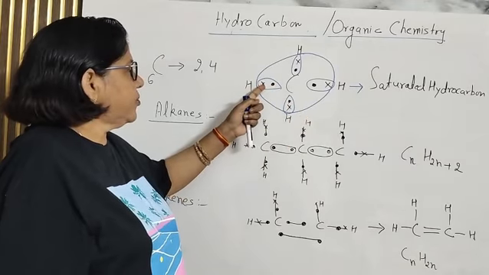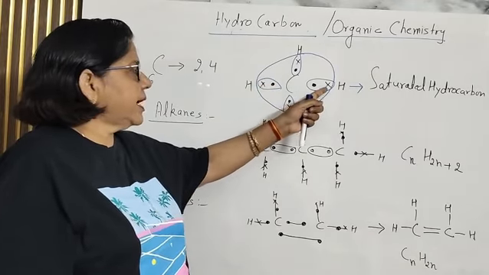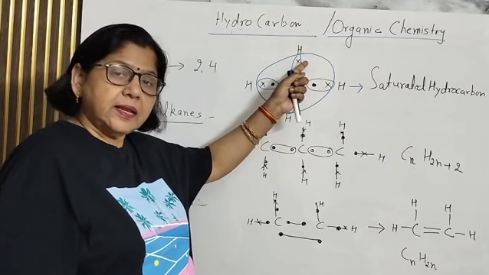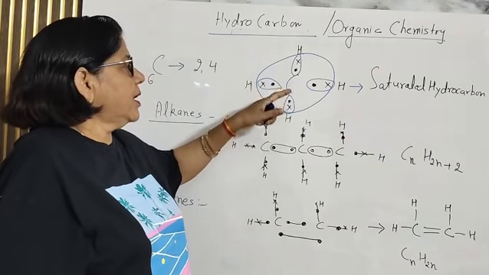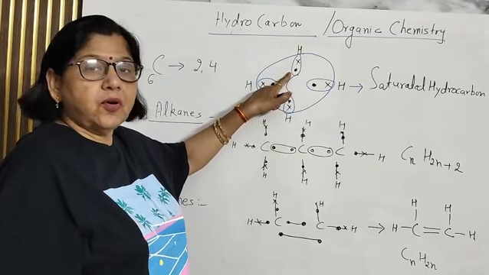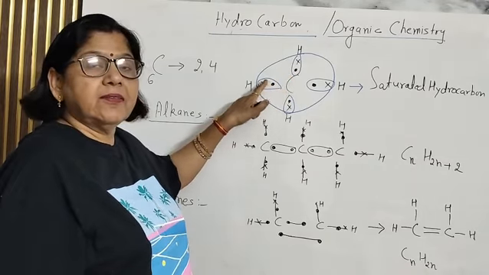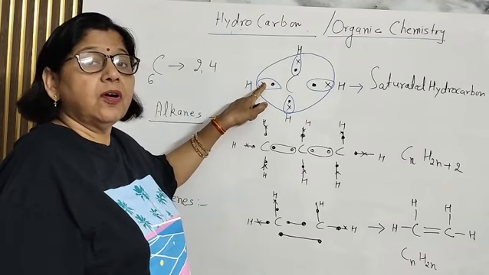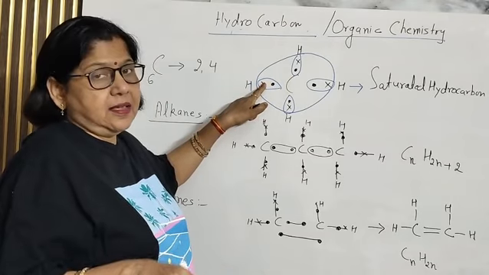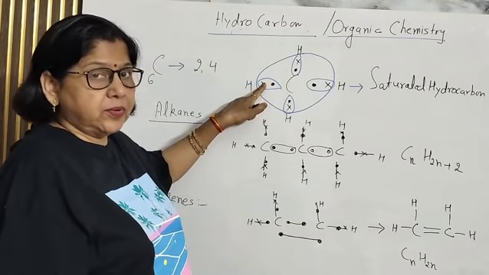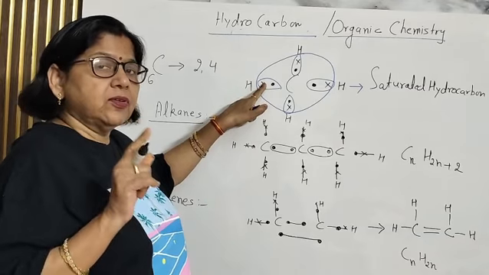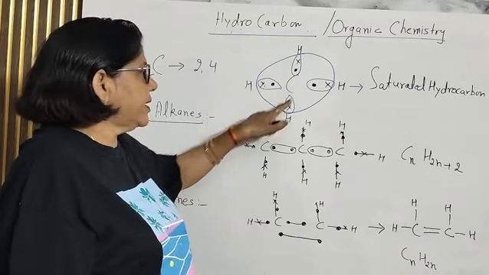These 4 electrons of hydrogen I have drawn with a cross. Now every single electron of this carbon atom is combining with a single electron of a different atom. Point to be noted: every single electron of a different atom.